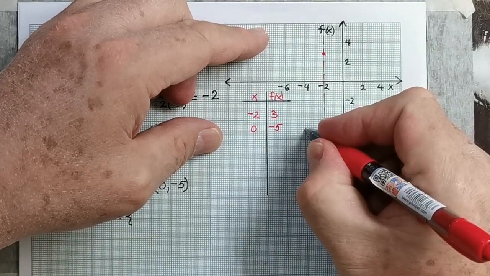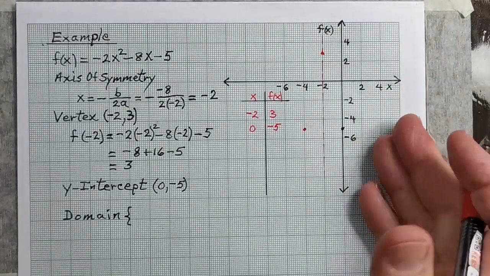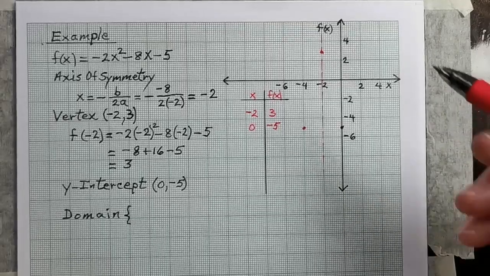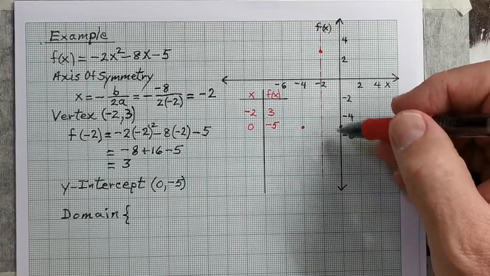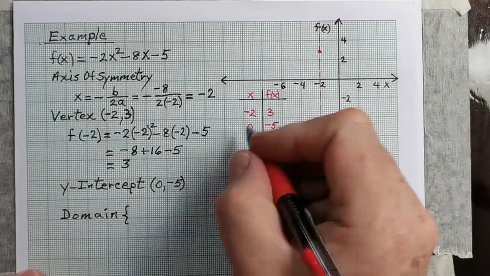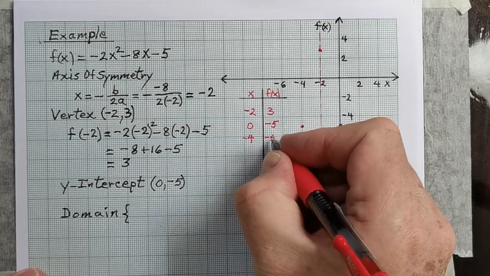Right here. So that's my point on the other side. And that is what? Negative 4, negative 5, right? Negative 4, is that correct? Should be. So 0, negative 5. Negative 4 should also be negative 5. So we can put that in there if you want. Negative 4, negative 5.